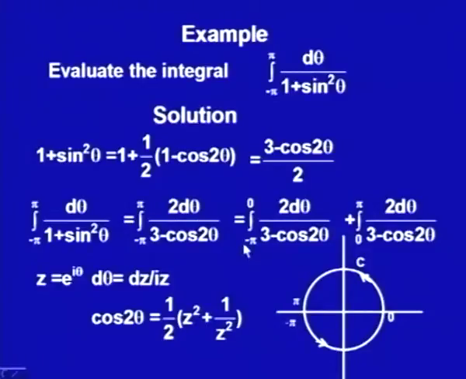So, when we are saying minus pi to 0, it says we have to move in the unit circle from minus pi to this one. That says in the integral 0 to pi we have covered the upper half circle, and from minus pi to 0 we are covering the lower half circle.